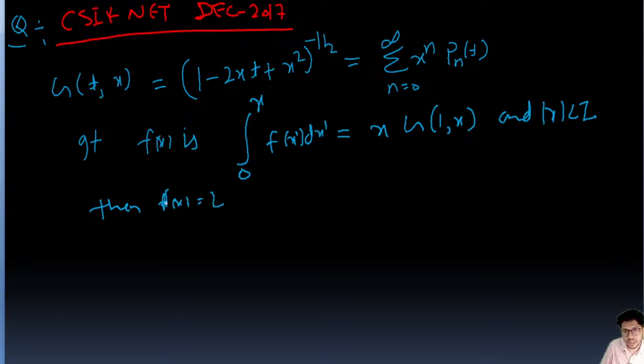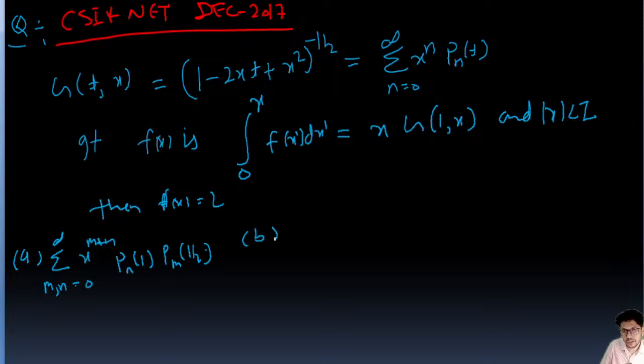Then you need to find the value of f(x). Options are: option A is sigma m,n equal to 0 to infinity x to the power m plus n Pn(1) and Pm(half), divided by m plus 1.